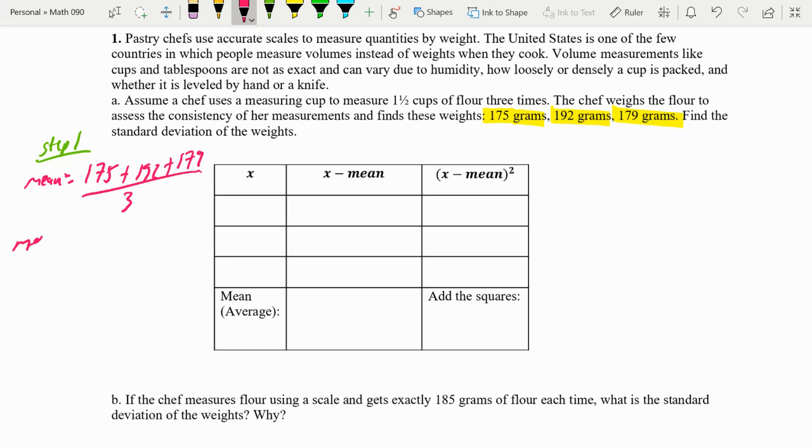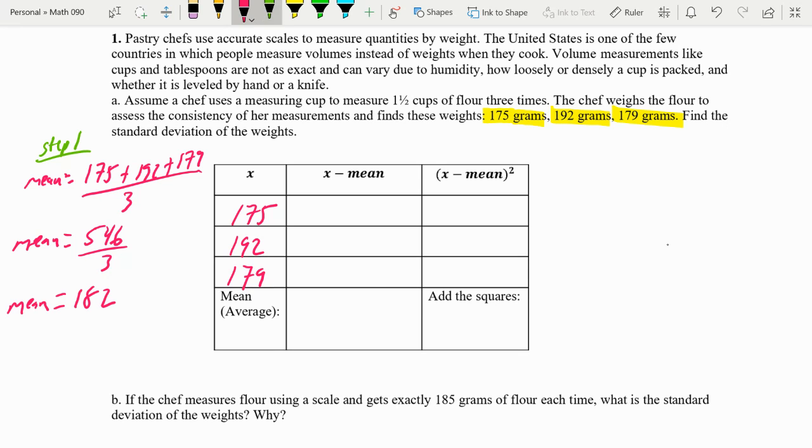Bust out your calculator, and we end up with 546 divided by 3. So our mean is 182. And remember, X, this column here, you're just simply writing the numbers. So 175, 192, 179.